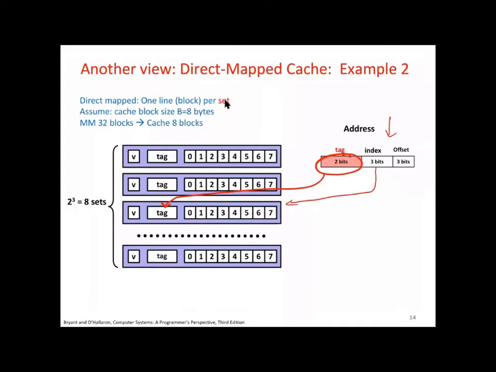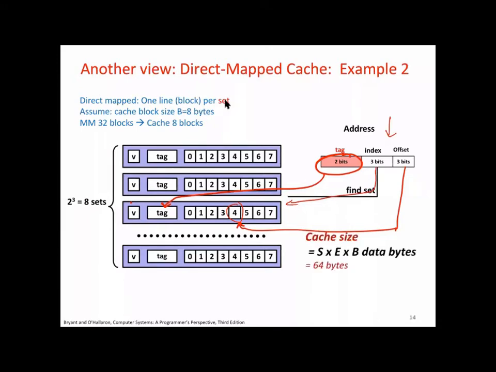If the V bit is set, then we look at the offset to find out which particular byte we have to read. That's very simple.